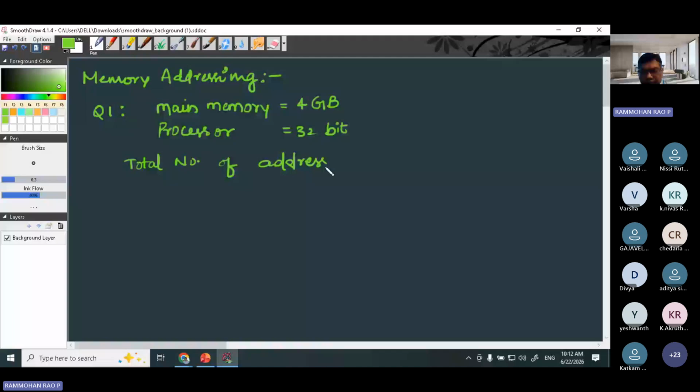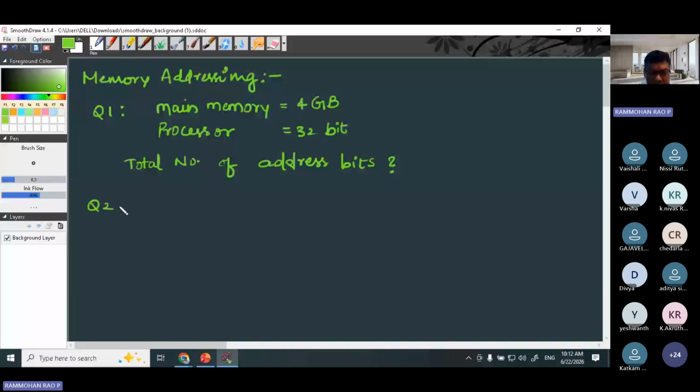Total number includes the address bits required to address every byte. Like 31-bit binary address to reach a memory location, and another 2 bits we use to access a particular byte in that memory location. 31 plus 2, 33 was the answer in our previous example. So that total I want. So this is question number one.